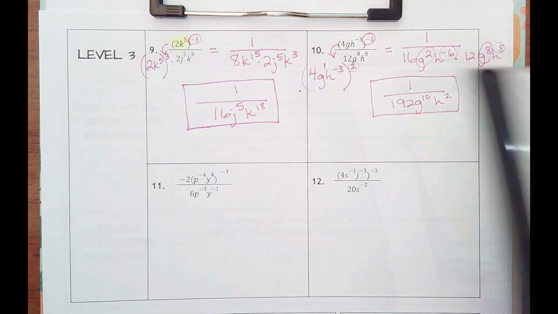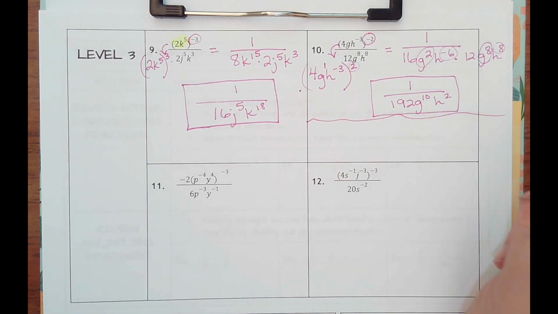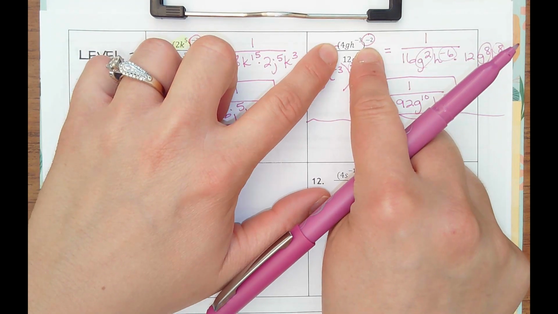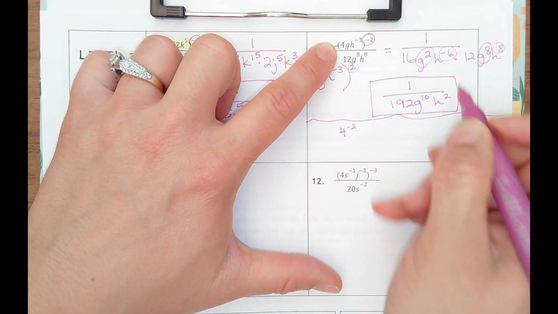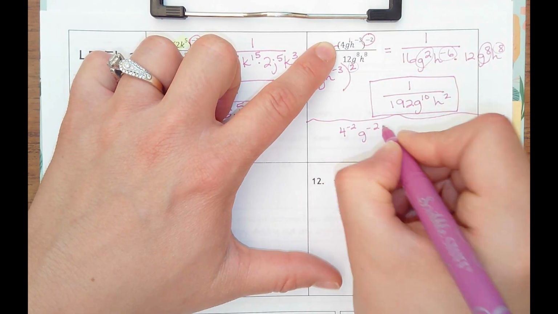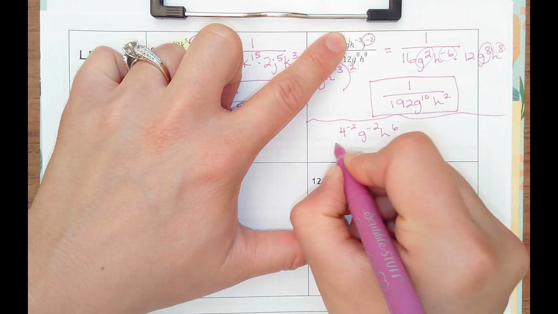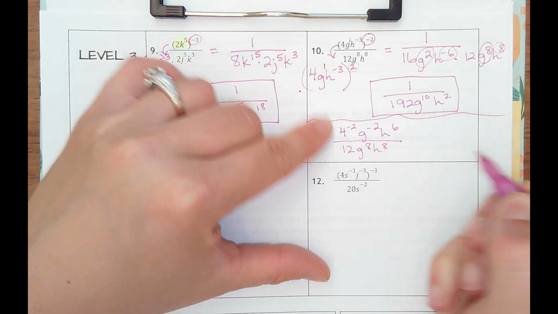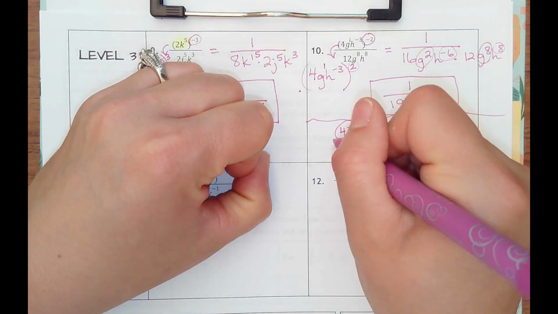Okay, I just want to show you an alternative. If you didn't like that, you could go ahead and do your power rule. This 4 would be to the negative second power. This g to the first, so 1 times negative 2 would be g to the negative second power. Then negative 3 times negative 2 would be h to the positive 6th over this. So maybe you like that better, because then everything with the negative power would have to move.